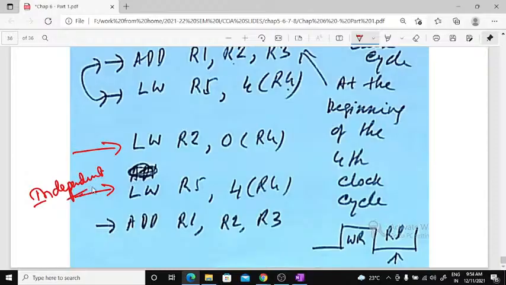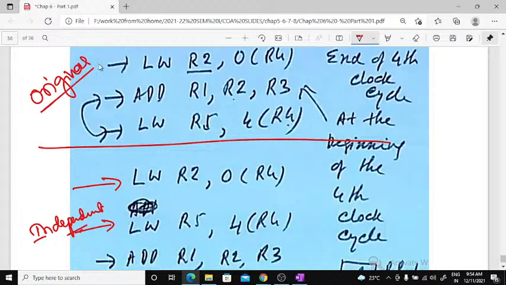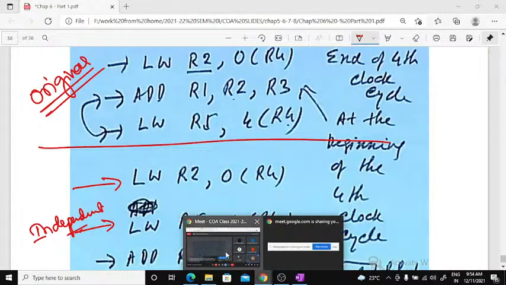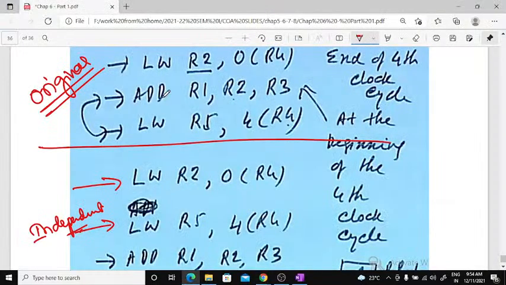Here you can see the complete thing. The upper one is the original instructions, and the second one is rearranged.